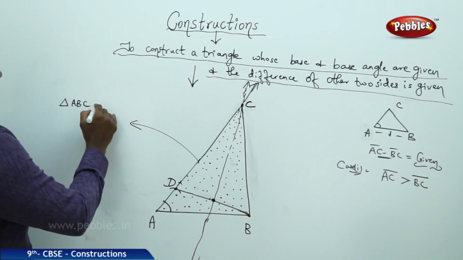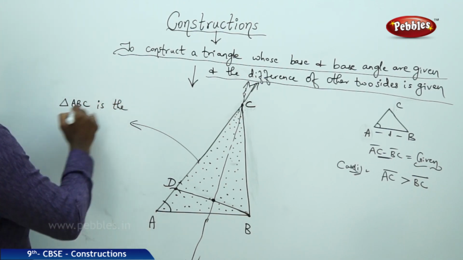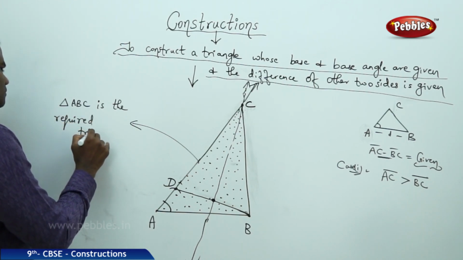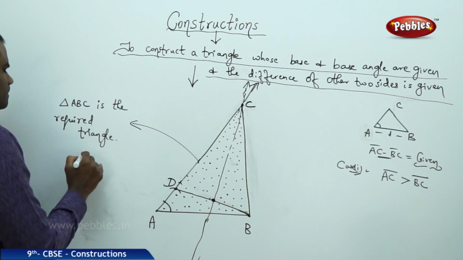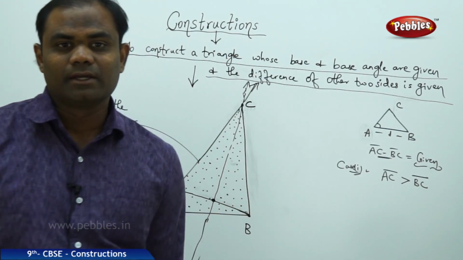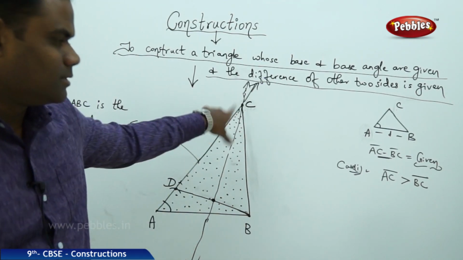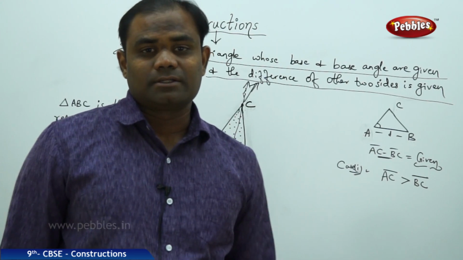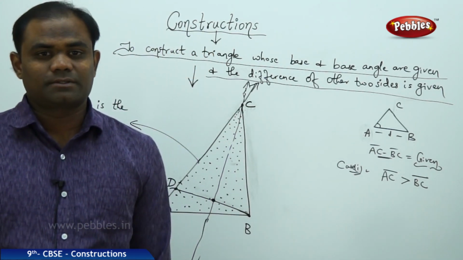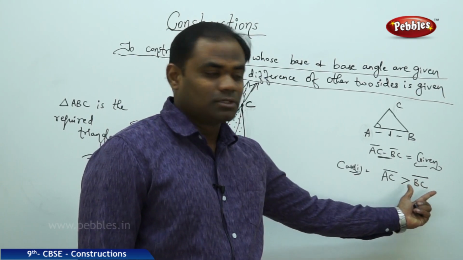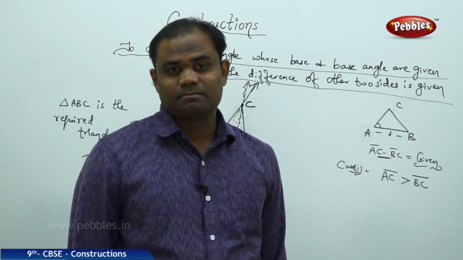Is the required triangle. As how we identify the triangle ABC with the base angle and the difference of two sides as given, with the case 1, AC assumed to be greater than BC.